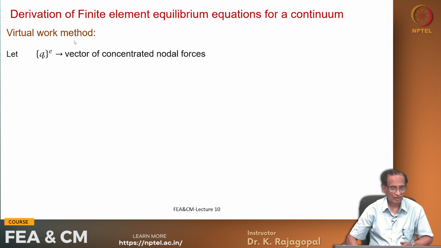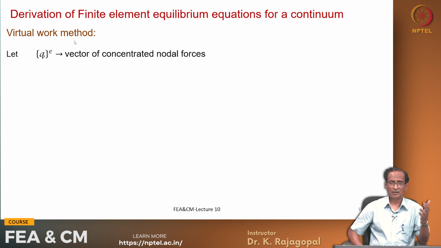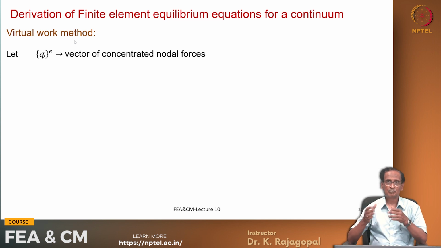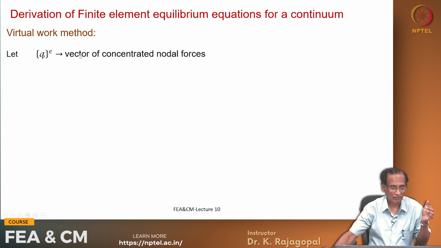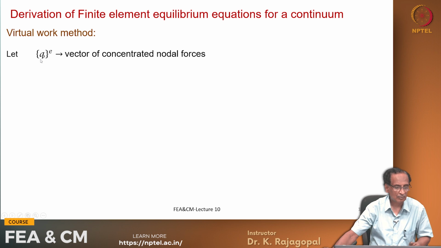We have seen this virtual work method earlier for the prismatic elements, that states that internal work done should be exactly equal to the external work done for equilibrium. And we will follow that approach, because that will give us an easy method for establishing the equilibrium equations. Let us define some quantities.